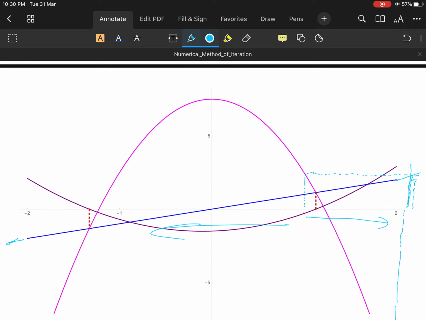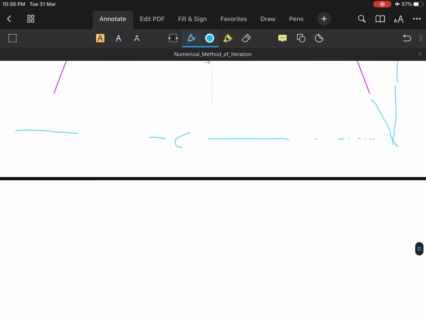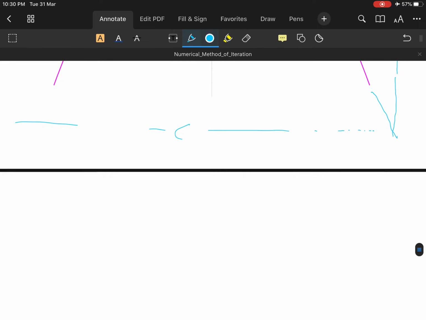So what we do, based on our textbook, is use a relation. Let's consider this equation again: 1.5 minus 0.2x to the power of 1/2.